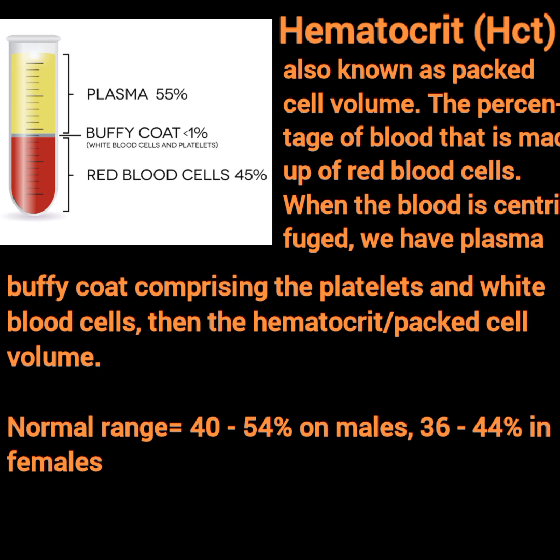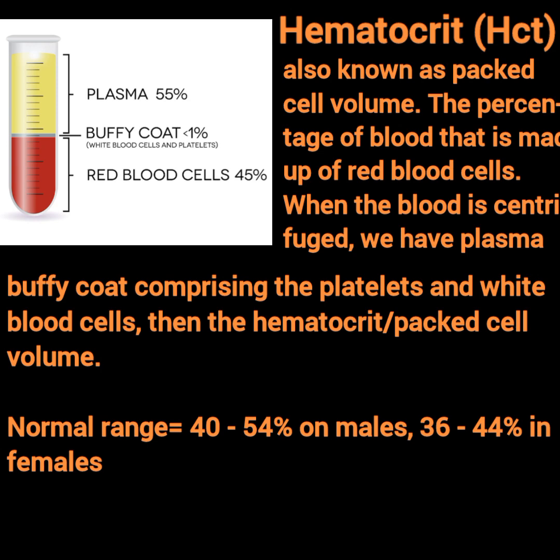The normal range in males is 40 to 54%, and in females 36 to 44%. The 3 parameters can be used to determine anemia or polycythemia.